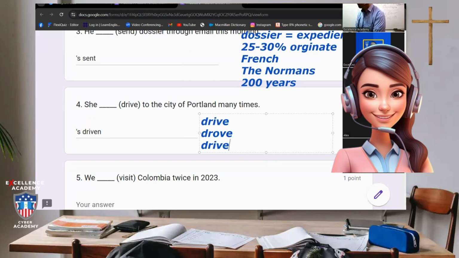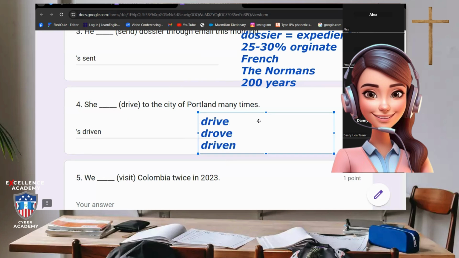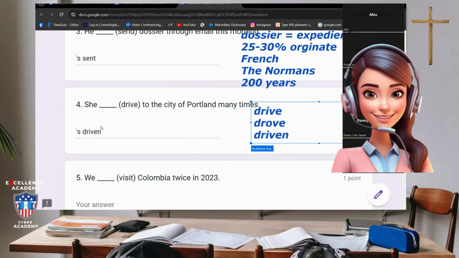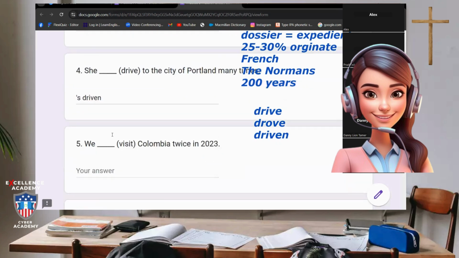And what's the participle? Driven. Oh, I like your pronunciation. Who's pronouncing there? That's Prudence. That's right, me. Prudence. You rock, bro. Everybody, let's say drive, drove, driven. Drive, drove, driven. Beautiful. Let's go to number 5, guys.